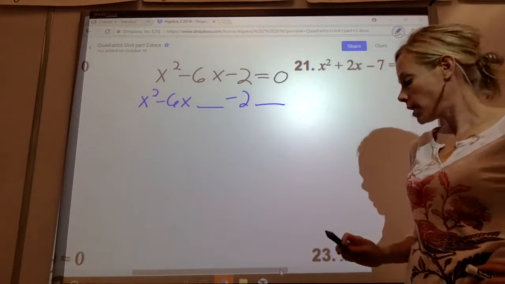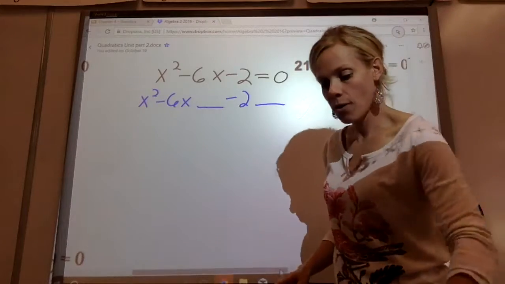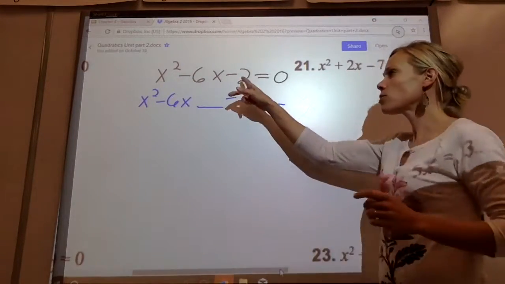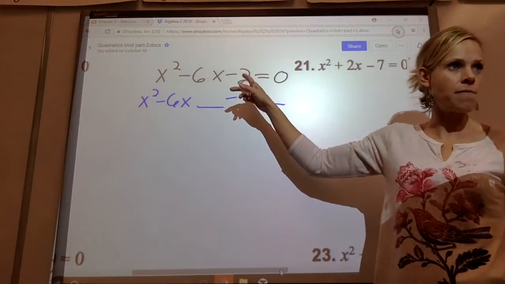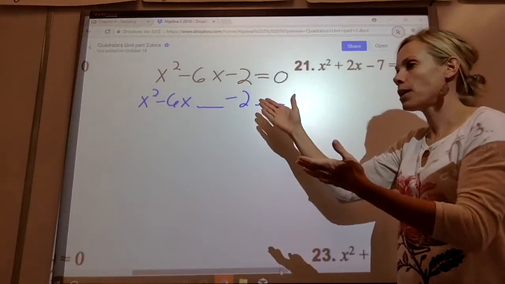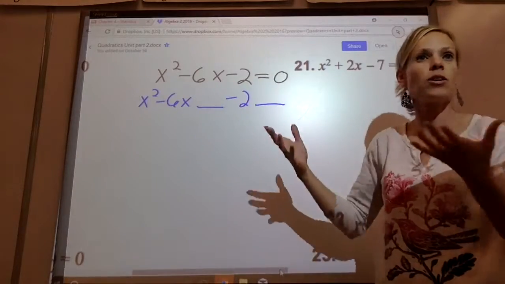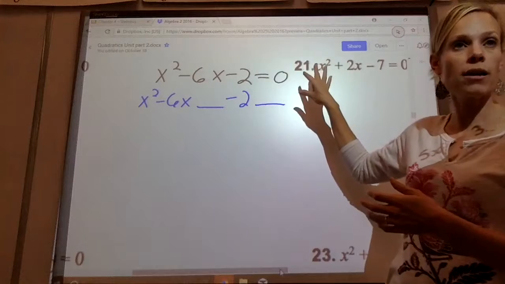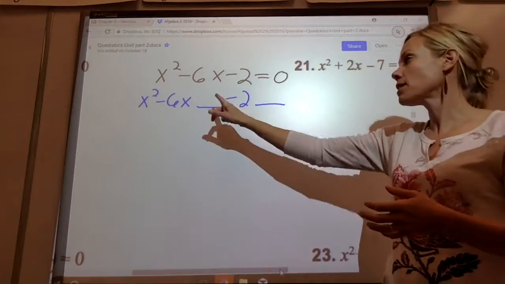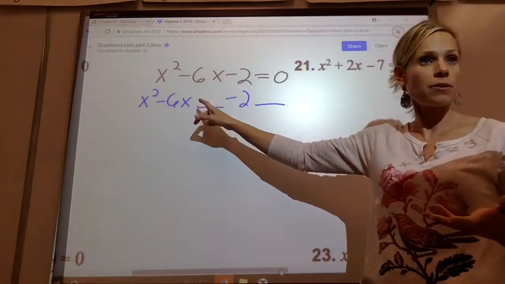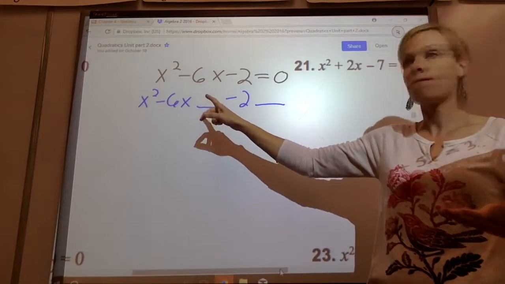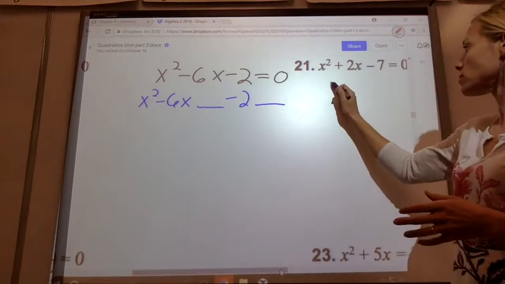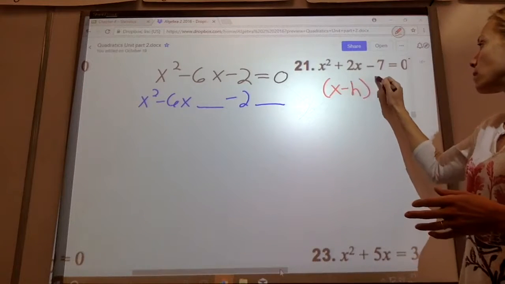Okay. Now, in those spaces, what I want is that when I had this quadratic, this 2 wouldn't let me factor because I couldn't multiply to equal -2 but add to equal -6. I couldn't do it. So I'm saying, okay, you go away because you're not working, right? And let's find a number that will let me factor. And not only factor the quadratic, but factor into something that's vertex form, right?